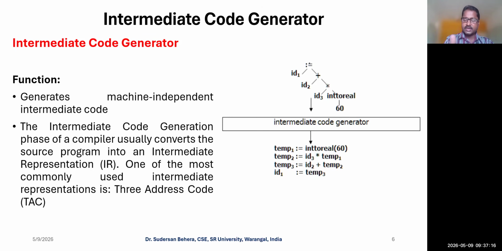Then it places that result in the temporary register, temp1, which is nothing but a temporary. In this particular code, the compiler allocates a number of temporaries to hold values. Temporaries are, you can say, temporary registers. They just hold the value for calculation purposes.